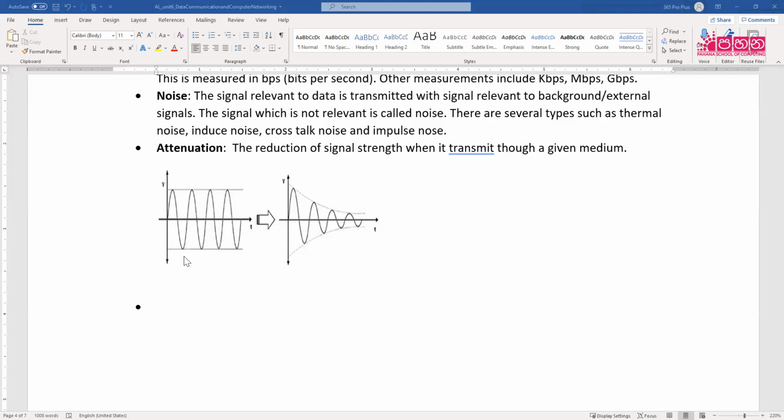When there's no attenuation, it's fixed, which means the energy is the same. There's no change of the amplitude. But when there's attenuation, you will see the strength gets reduced over time. Over time, it reduces the amplitude.